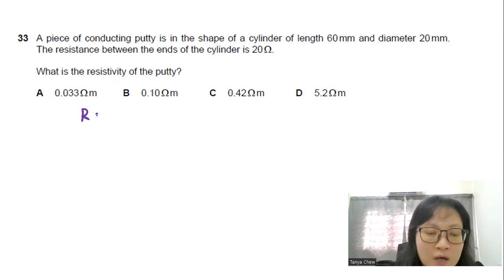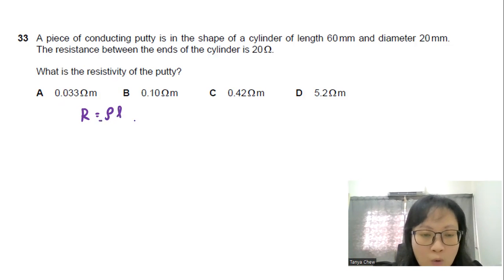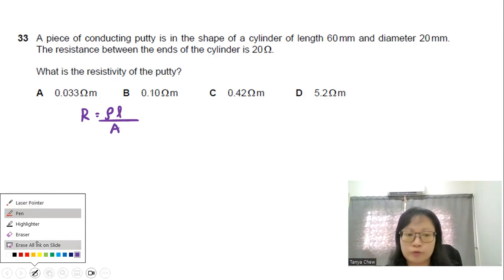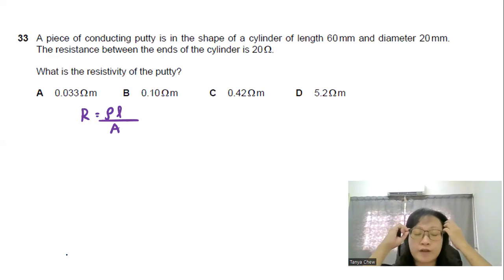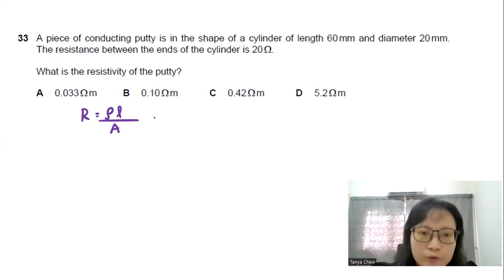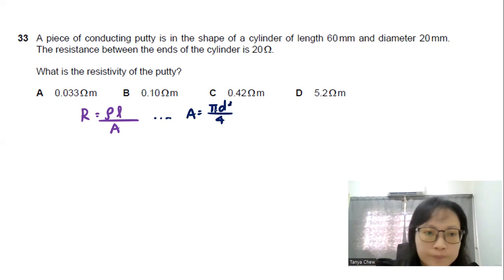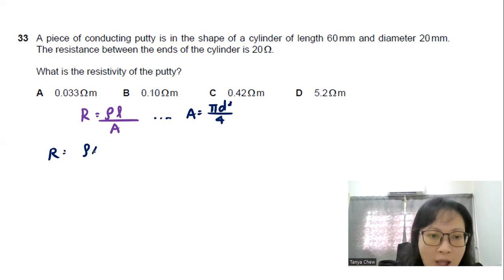I am writing down the equation which links resistivity to all the information given here, R equals rho L over A. But the problem is they didn't give me A. Do you still remember for the first question, I always say that the cross-sectional area of the wire is circular. Therefore, you could replace A with pi d squared over 4. R equals rho L over pi d squared over 4.